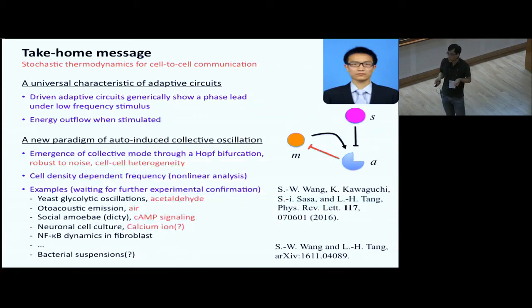Even though this doesn't tell us much about the underlying biology, we have looked at many different examples in the literature. In many cases, people know very little, but in some cases, people know quite a bit. Not to the detail of everything happening inside the cell, but they can identify the signaling molecule, the signaling channel, and also this first contact inside the cell that couples to the signal.